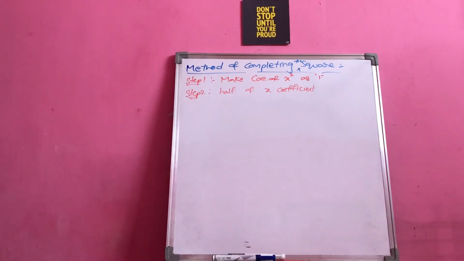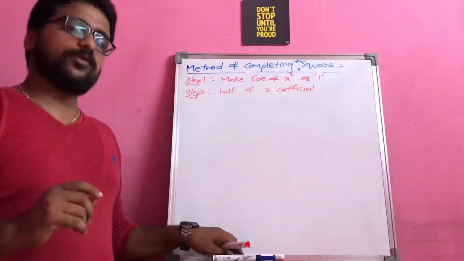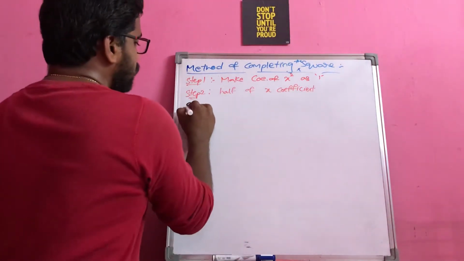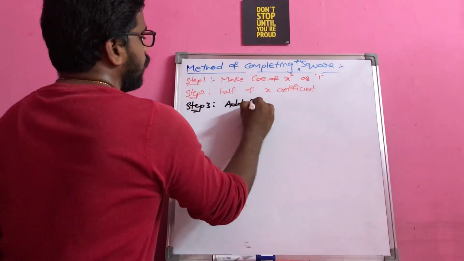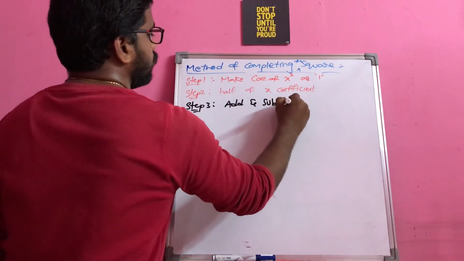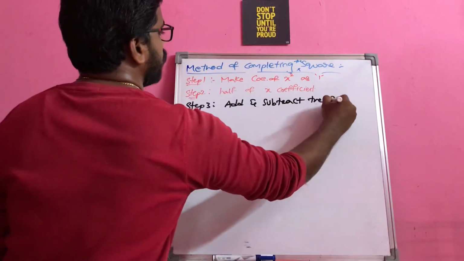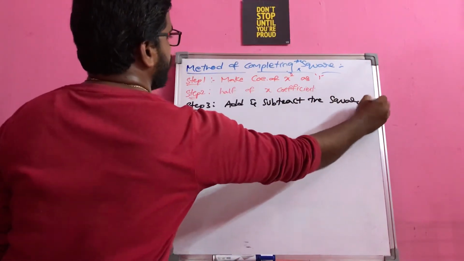We cannot ignore the sign of the coefficients, because whenever we say coefficients, the sign also has to be included in it. And step 3, which is an important one, you have to add and subtract the square of half of the x coefficient.